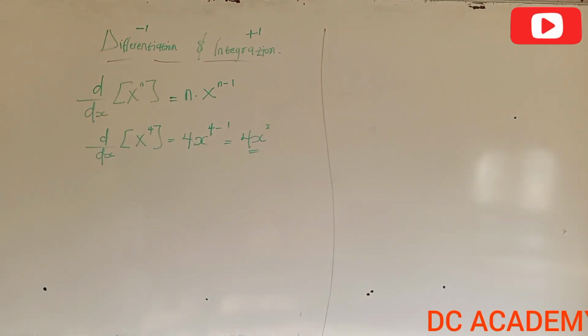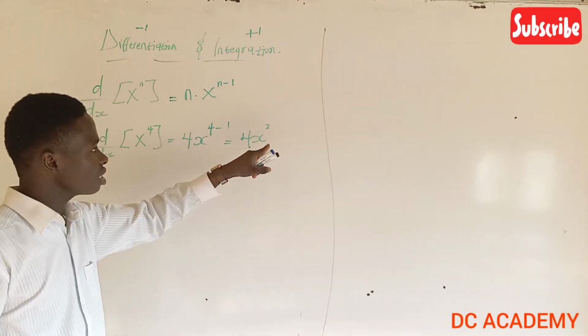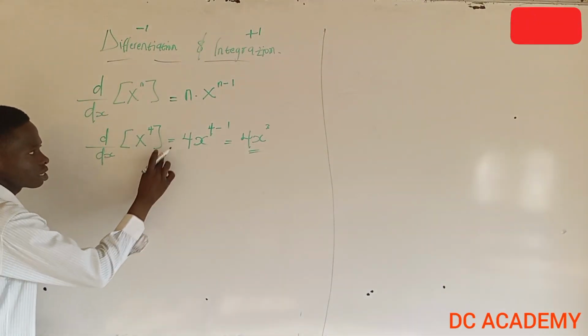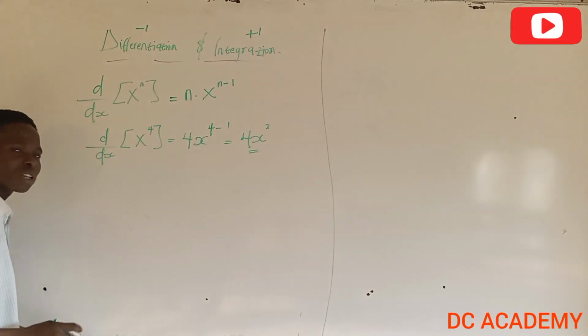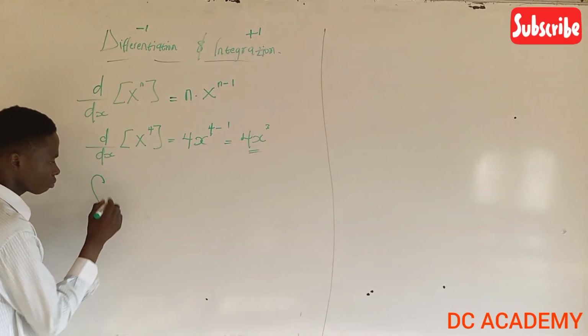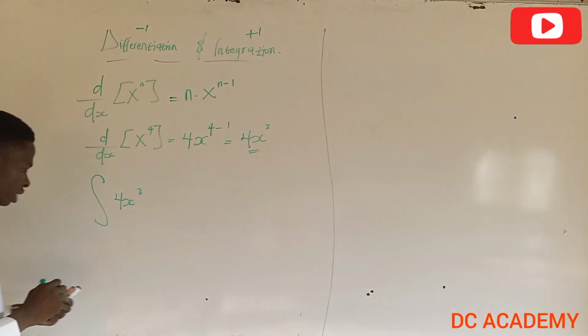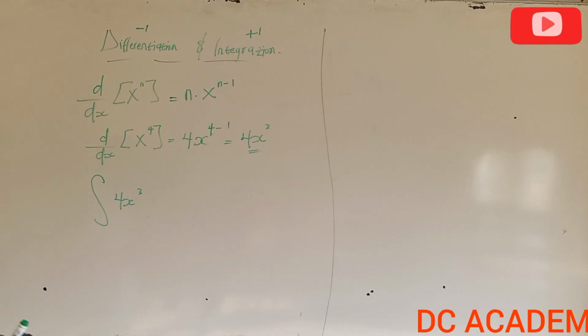4x cubed. And when you integrate this, you come back to having its original form. The integral of 4x cubed: I told you integration is plus 1.